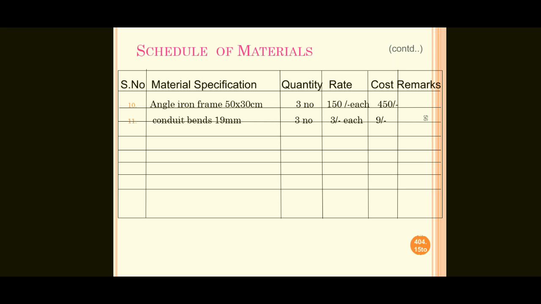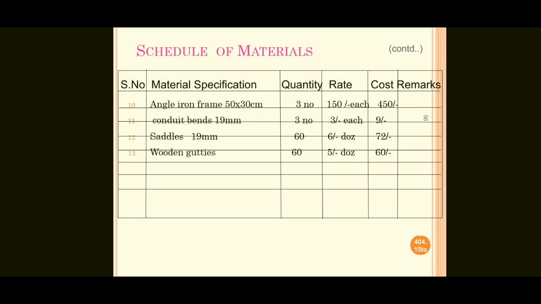11th item, conduit bends, 19 mm, 3 numbers required, 3 rupees each. The cost becomes 9 rupees. Saddles, 19 mm. The quantity required is 60. 6 rupees a dozen, so the total cost becomes 72 rupees.